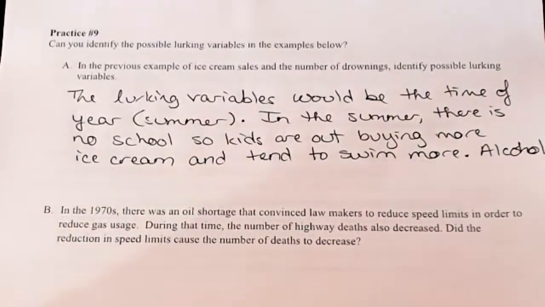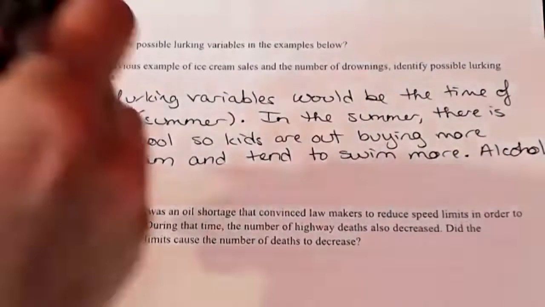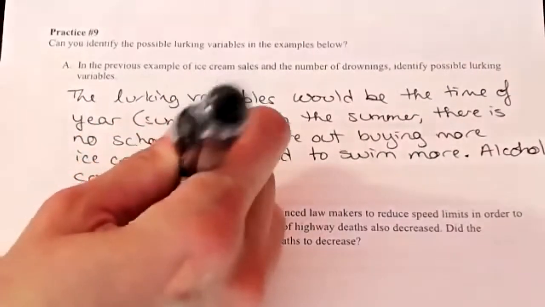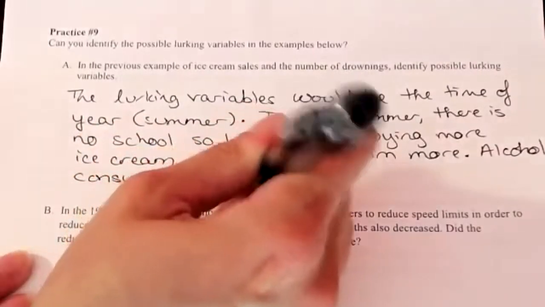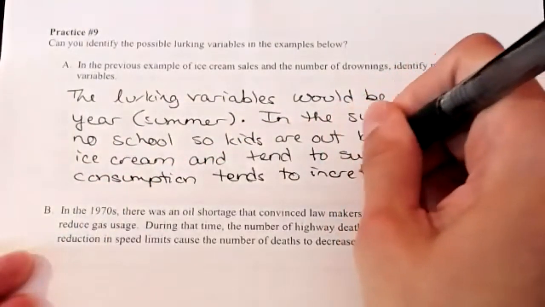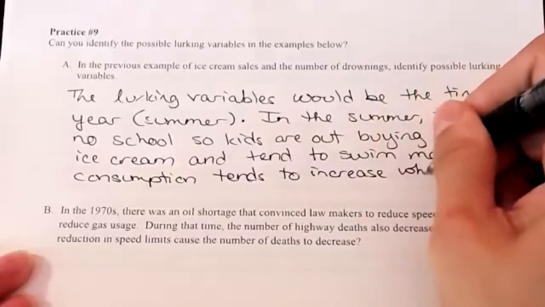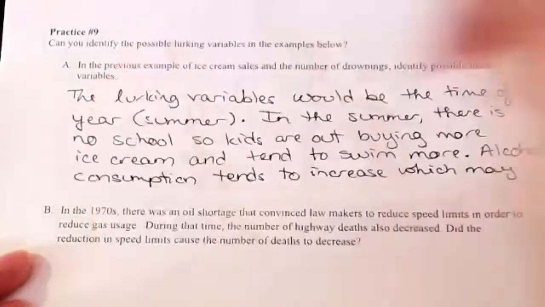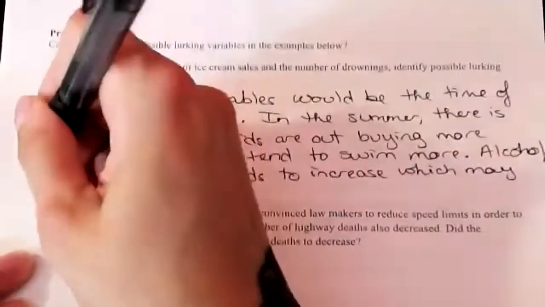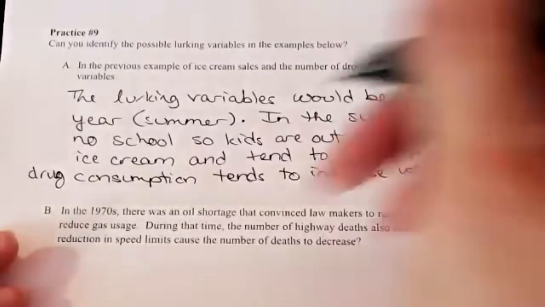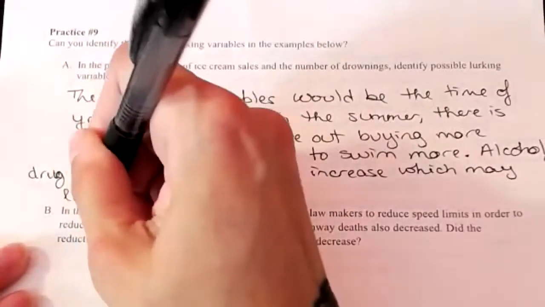Why is no one taking this into consideration? Alcohol consumption tends to increase. And what about, well, this kind of goes under the same category, drugs too. Yes, drug consumption. Alcohol, drug consumption tends to increase, which may lead to more drownings.